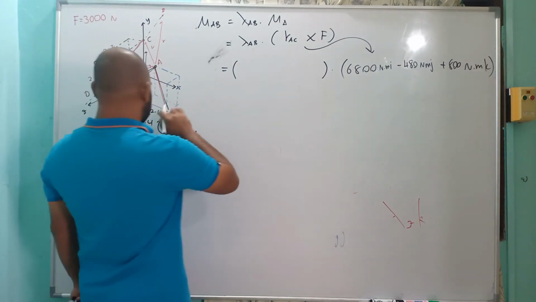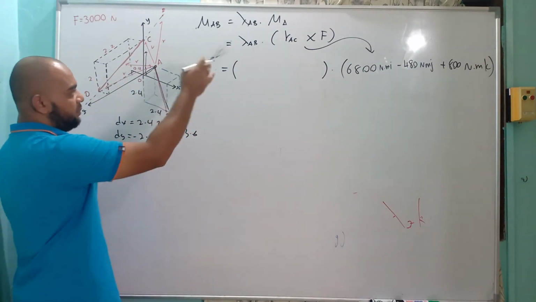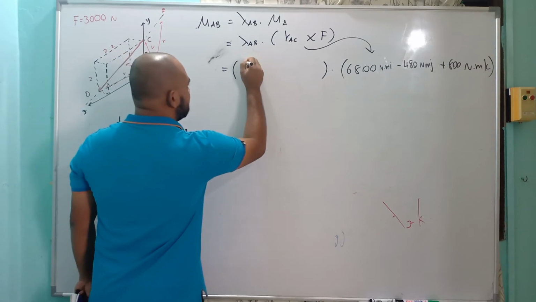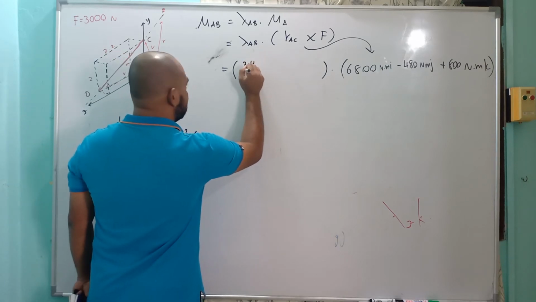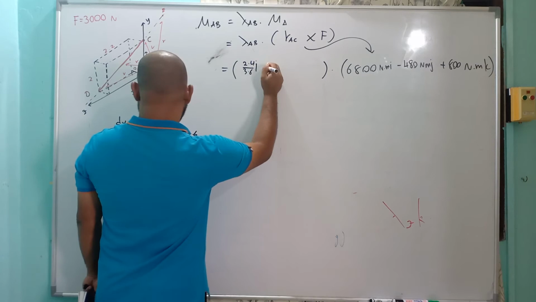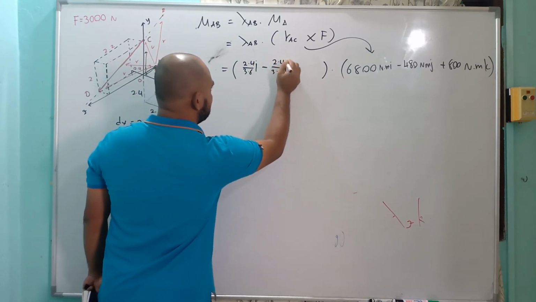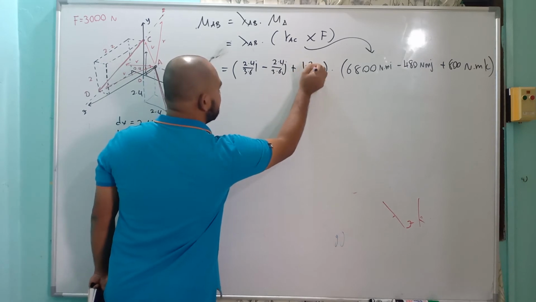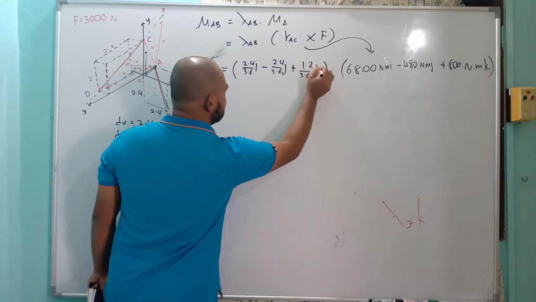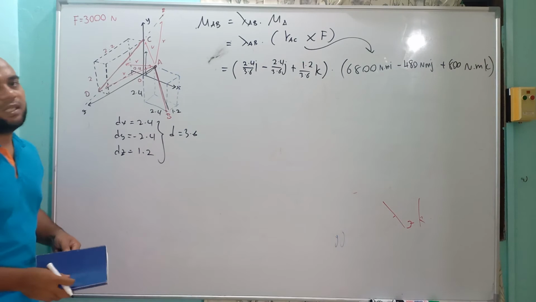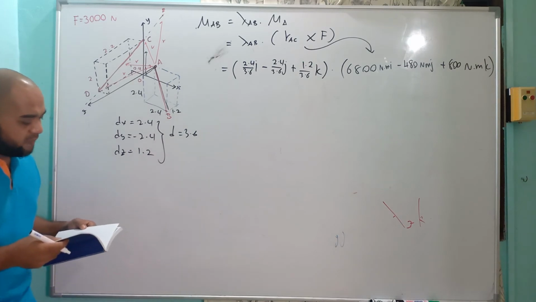So lambda AB is 2.4 divided by 3.6 I minus 2.4 divided by 3.6 J plus 1.2 divided by 3.6 K.